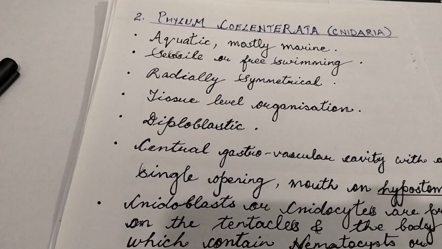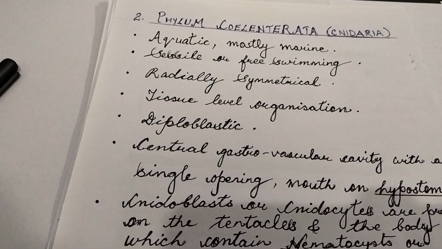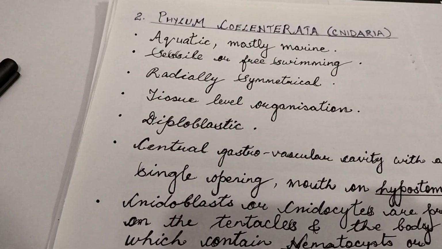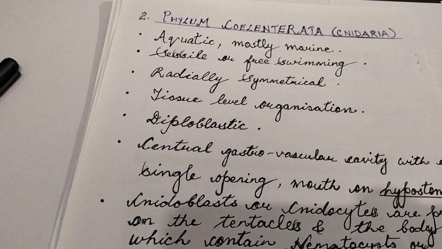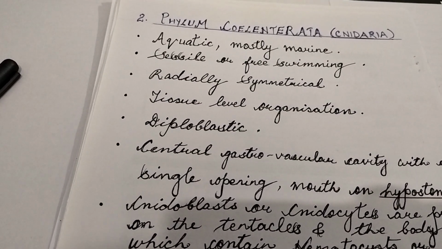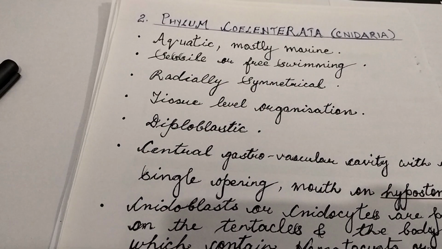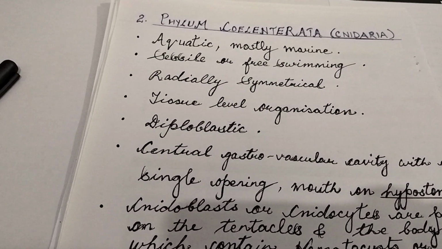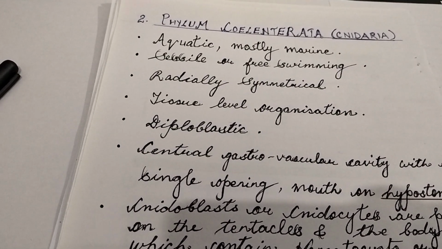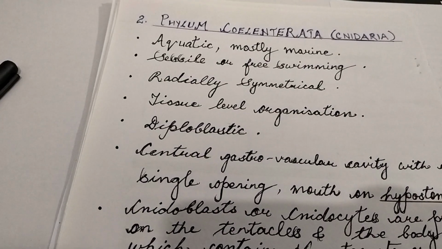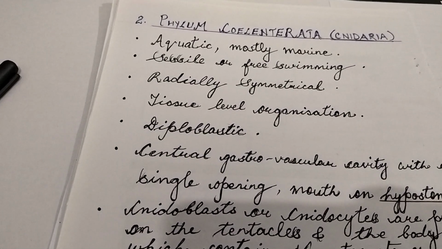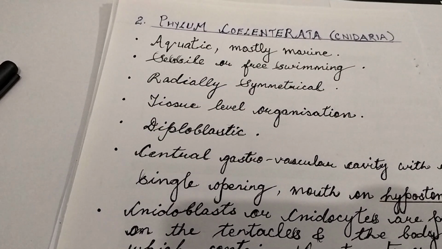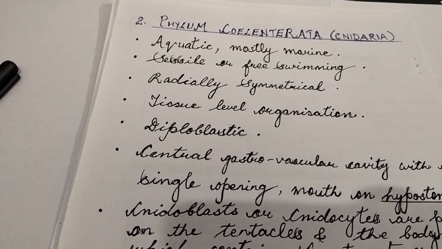Next, a central gastrovascular cavity with a single opening, the mouth, on the hypostome is present. In the central part of the body there is a cavity for the digestion of food, known as the gastrovascular cavity. You remember in poriferans we have a central canal system.